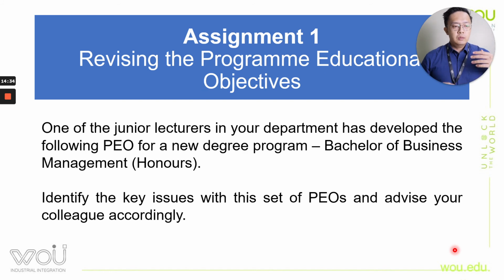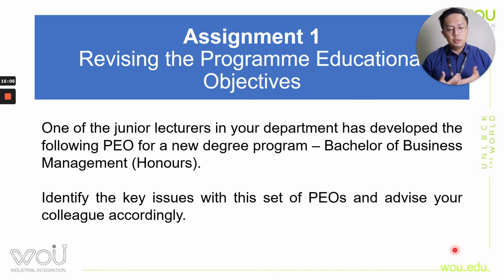So that's an assignment for you. After you complete this video, just go to the assignment column and complete this assignment. Basically this assignment is about a junior lecturer in your department who has developed a set of PEO for a new program called Bachelor of Business Management Honors. Because this is a junior lecturer who hasn't gone through any OBE training or any OBE program, he has no knowledge about how the program educational objectives should look, what the characteristics are and what the key issues are.